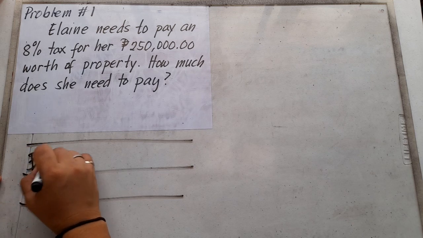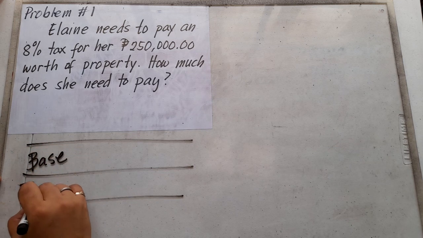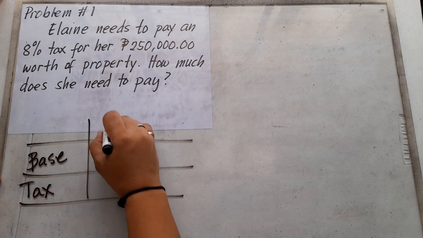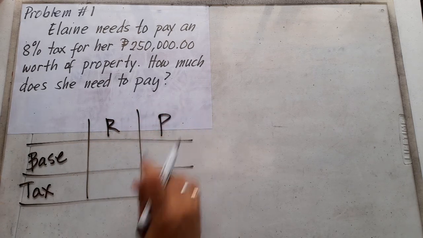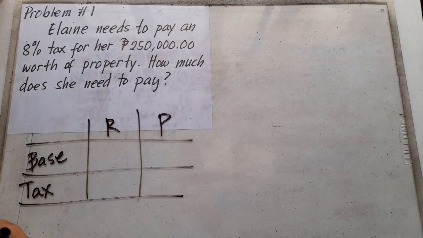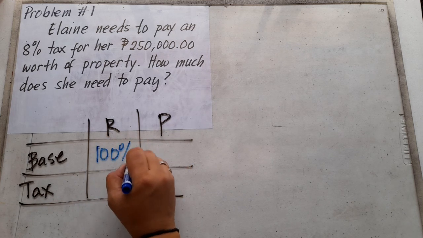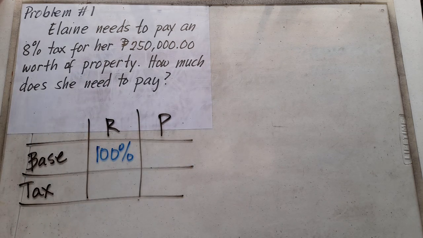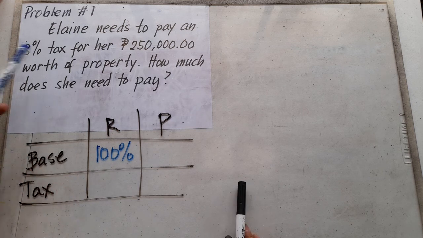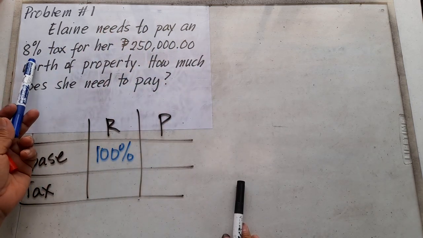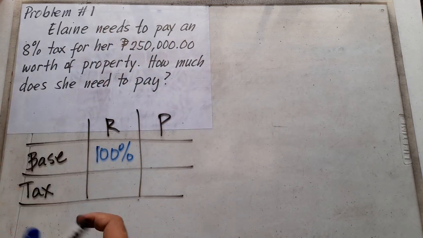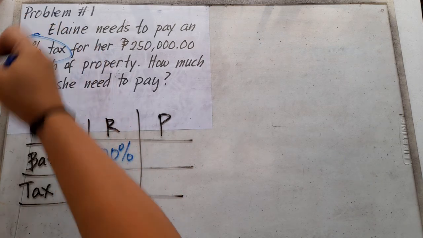Okay, so let's do this. We have the base and then tax. We have rate and percentage. Okay, as usual, the base rate is always equal to 100%. Okay, then let's go back to our problem. Elaine needs to pay an 8% tax. Okay, so meron tayong 8% tax.